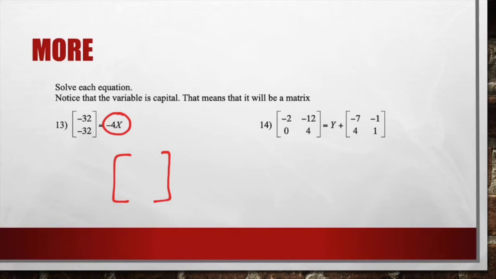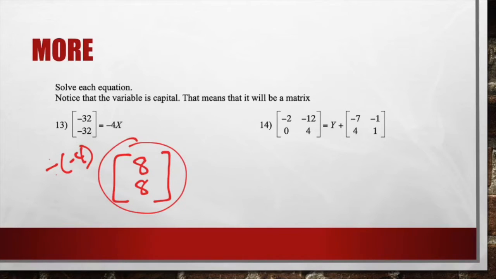So what was the original matrix? So we're actually going to divide by a negative 4. Negative 32 divided by negative 4 would be 8. And negative 32 divided by that negative 4 is going to be another 8. So our original matrix times the negative 4 would have given us this one. Okay?